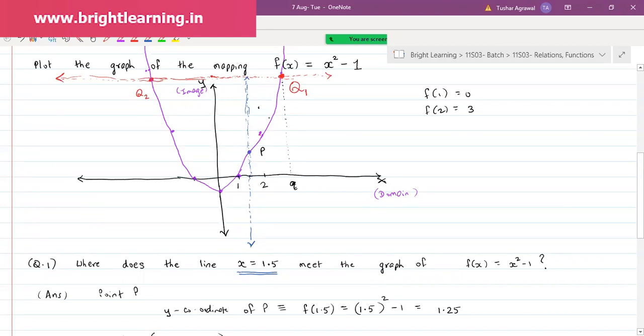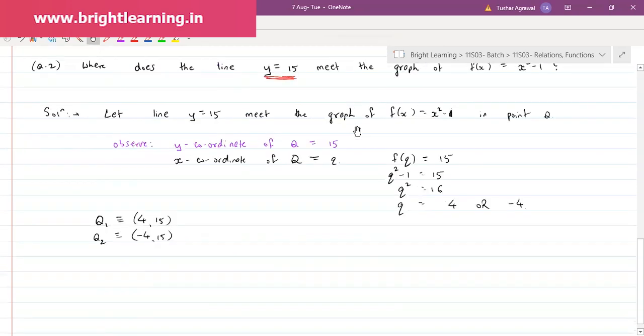So the moral of this story is, if a line is drawn perpendicular to the x-axis, it will intersect the graph in exactly one point. Do you agree with me? If I draw a line perpendicular to the x-axis from x equal to 2, it should meet the graph once.